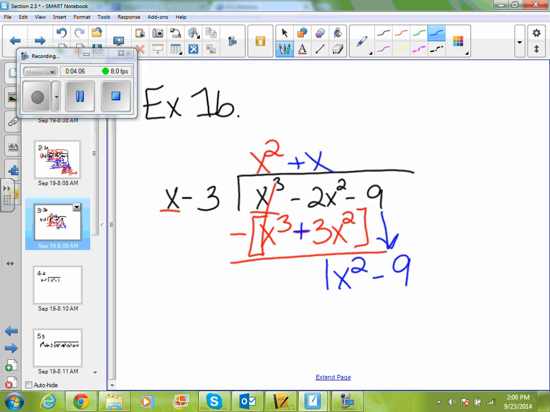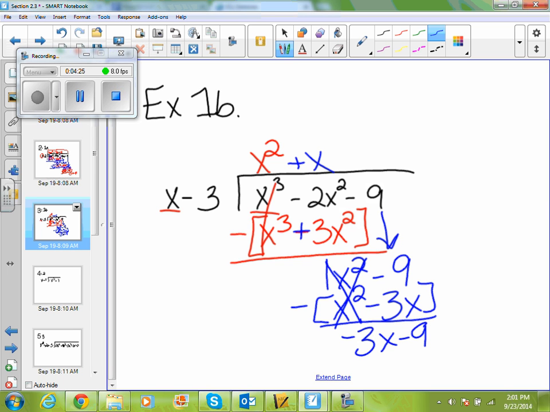So x times x is x squared. 3 times x is 3x. Then we subtract these. Those cancel. We can't subtract a 9 and a 3x. Negative 3x minus 9. You could also write it negative 9 minus 3x, but since we care about our x's, that's why I put that 3x in the front.